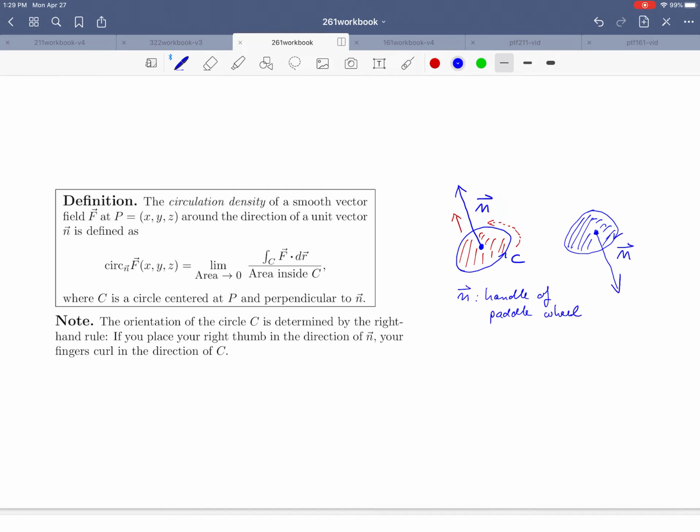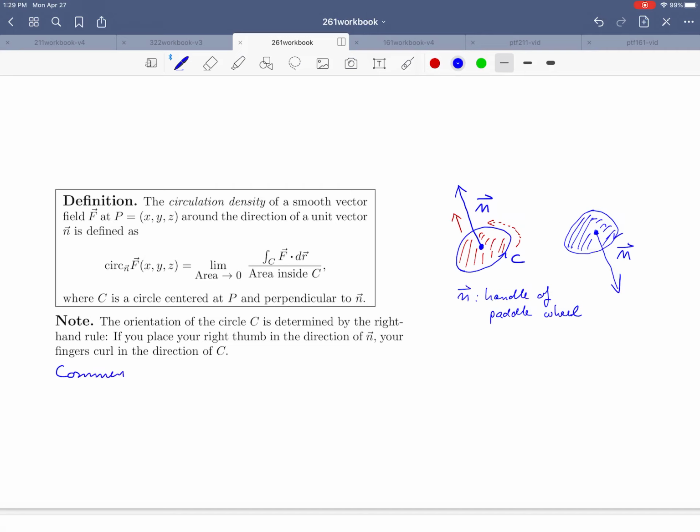And so with this abstraction of the situation, we can imagine that to compute how fast my stylized pedal wheel is rotating is given by a line integral. The line integral around the curve C of my vector field. So that is the first thing we want to note down. So I have a couple of comments right here.